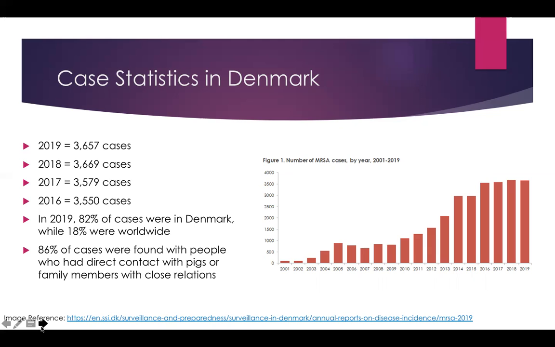This is more common in Denmark because there is a CC398 MRSA type, which is closely associated with live pigs. And 86% of cases were found with people who have had direct contact. So this type of MRSA is more common in Denmark for that reason.